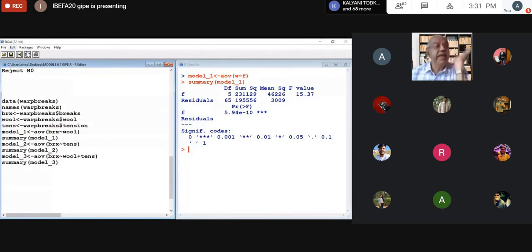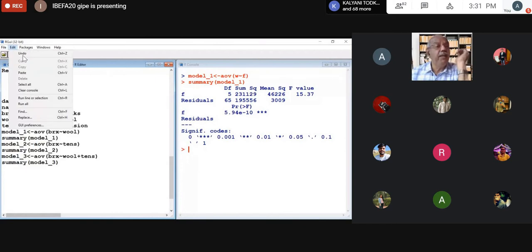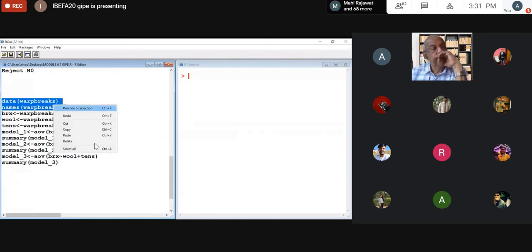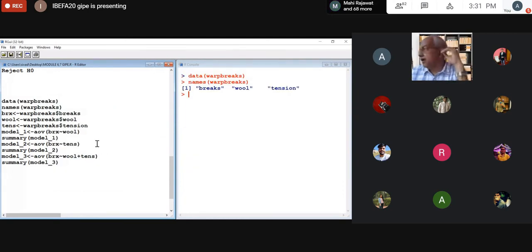The name of the file is warp break. Three variables are there: breaking strength, type of wool and tension.